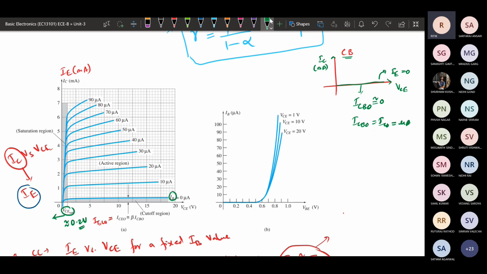If we reduce VCE to less than 0.2 volt, then the emitter and collector junctions will both be forward bias, so it will reach the saturation region. This plot is for 0 microampere, then 10 microampere. As we increase the base current, the collector current will increase. So this was the output characteristics.